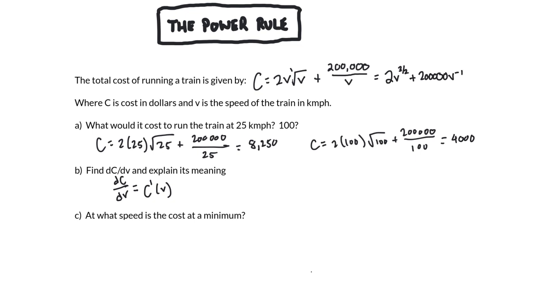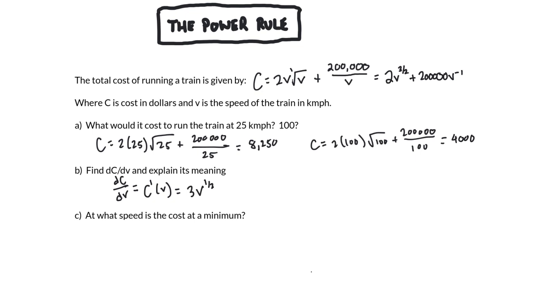So when I rewrite C as a power function, it looks like 2V to the 3/2 plus 200,000 V to the -1. And that means I can find its derivative by taking 3/2 and multiplying it by 2 to get 3, and then decreasing the power by 1. 3/2 minus 1 gives me 1/2.